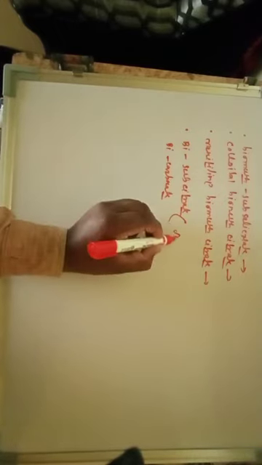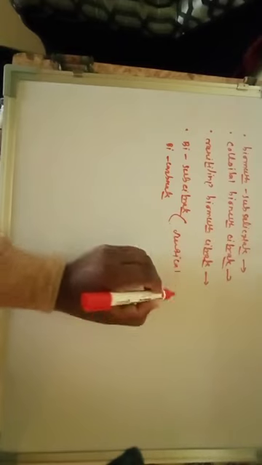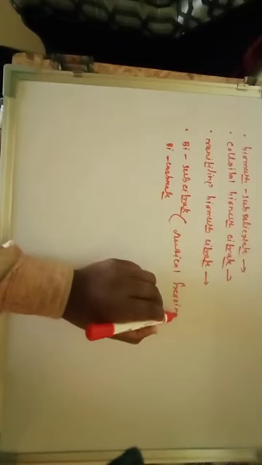Bismuth subcitrate and bismuth carbonate are used in surgical dressing. So the first three are used in the treatment of gastrointestinal diseases, and the last two, bismuth subcitrate and bismuth carbonate, are used in surgical dressing.